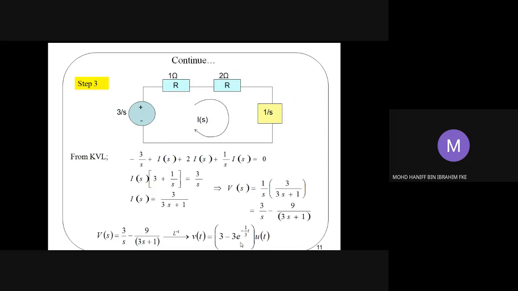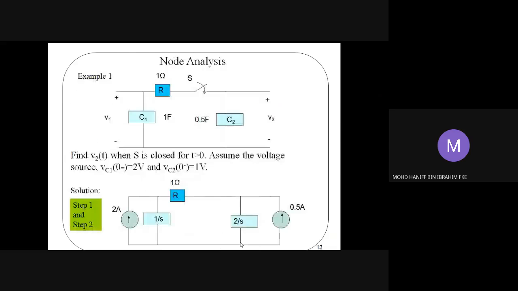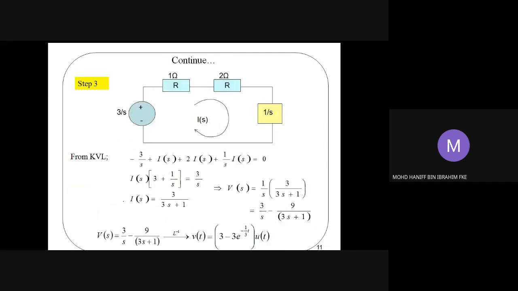Okay, so let us proceed with this solution for this example for the analysis. This will be the transformation for the circuit. We have 1 farad of capacitor, so it should be 1 over SC. Remember that we have the voltage here, so what should be the voltage current equation?